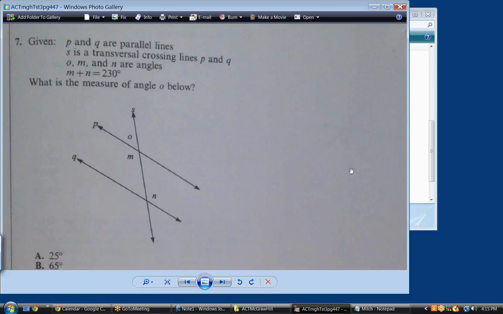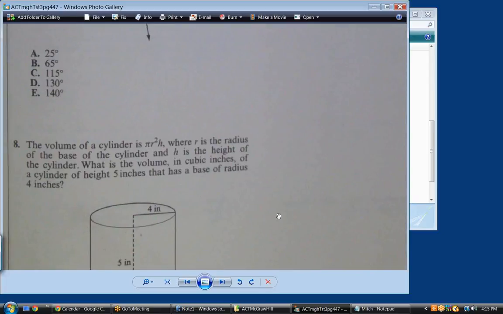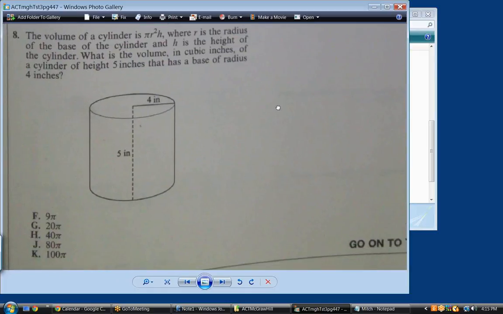So what is O? 65. All right. It would be 80 pi. Good.